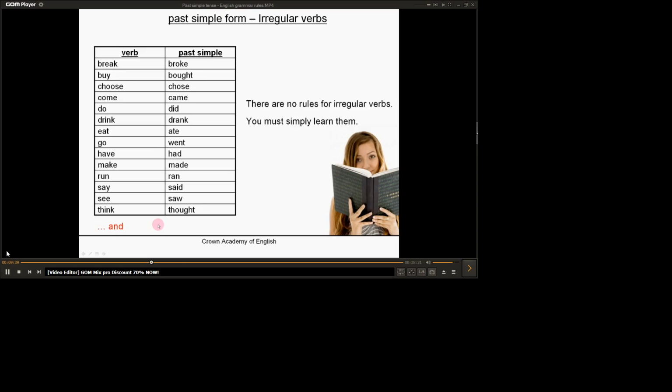These are just a few examples. So every time you learn a new verb, look it up in the dictionary and learn the past simple form.